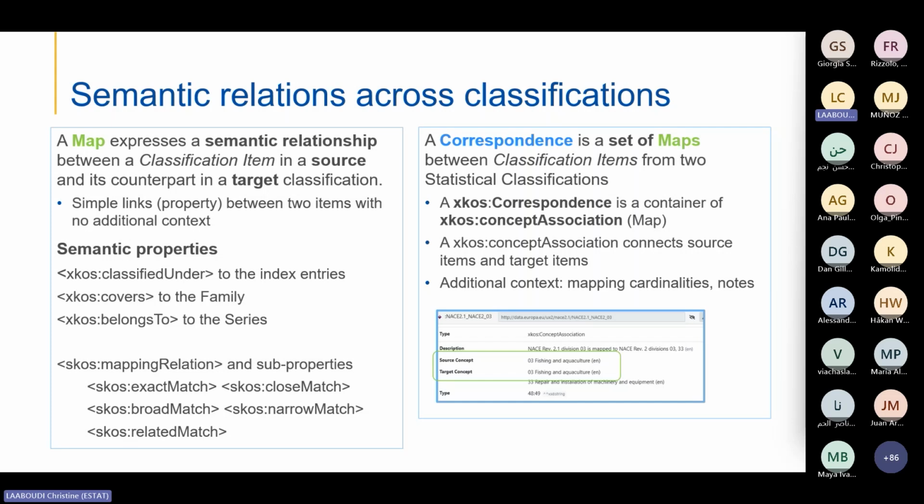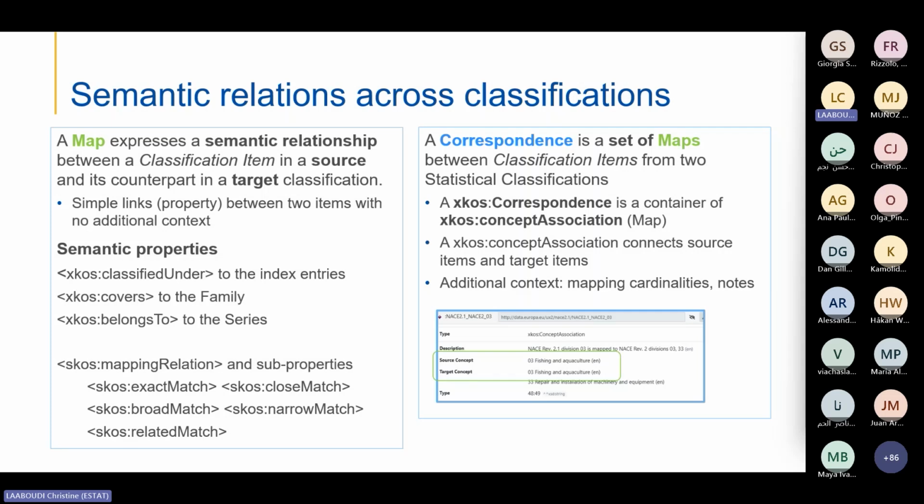So the alternative is to develop a correspondence table. The correspondence table is a set of mappings between classification items from two statistical classifications.